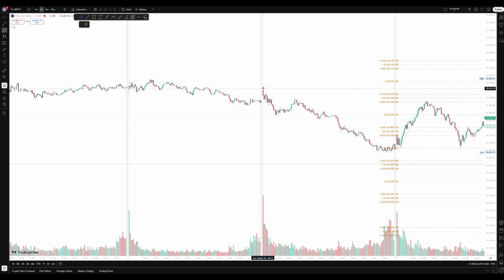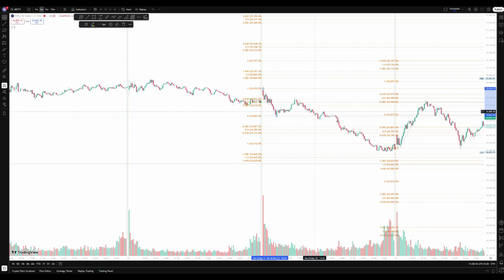A few more examples. At 10:15, this is around the bottom. Here at 10 o'clock you get one reversal, and at 10:15 you get one reversal. If it is a bearish market, it will continue the trend, and it exactly continued the trend down to the bottom.